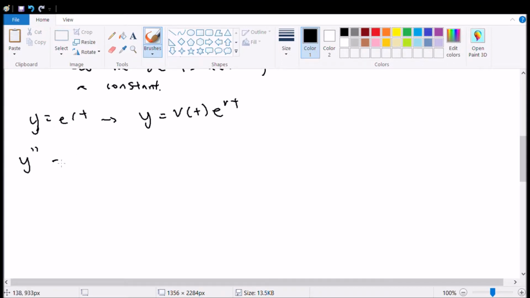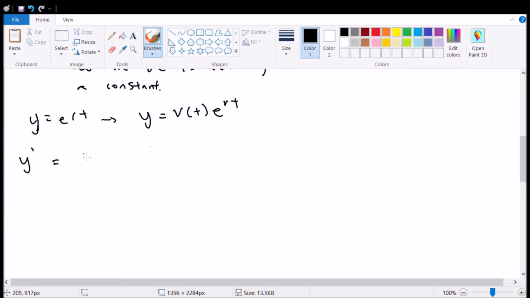So y double prime equals v double prime t e to the rt. Okay, actually this is a bad idea. We should figure out the first derivative first before the second derivative. Okay, sorry, got too excited there. Okay, so we're going to figure out the first derivative with the product rule.